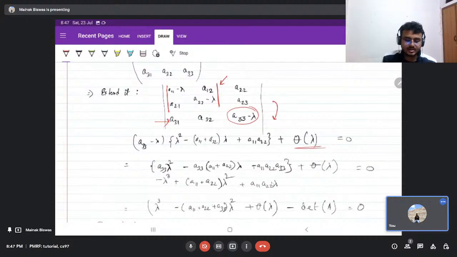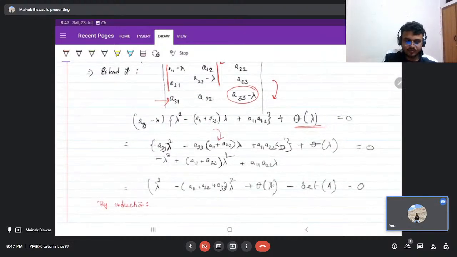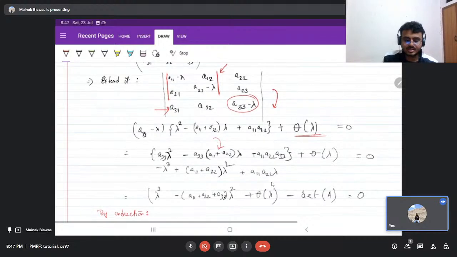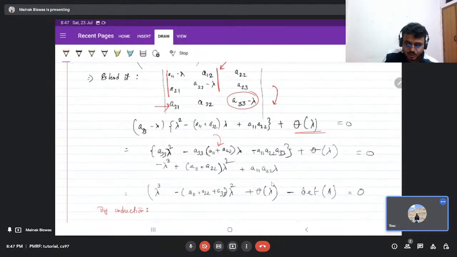You expand this equation, and after multiplying by minus 1, you do some basic calculation. Concentrate on this term first. Once you multiply this out, the lambda square term has two contributions, one here and one here. You add these two and you see the trace coming up again.